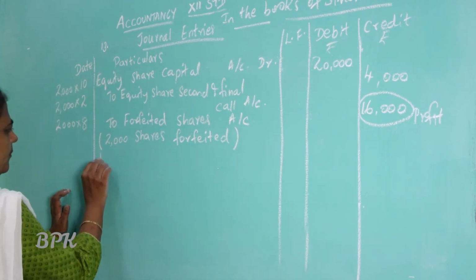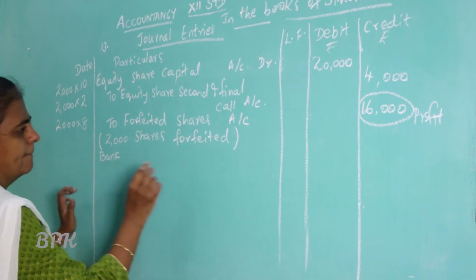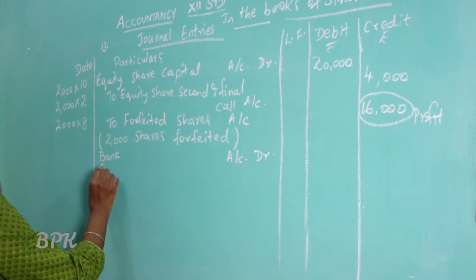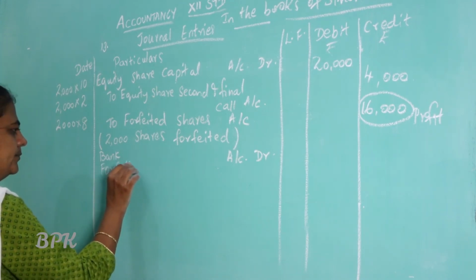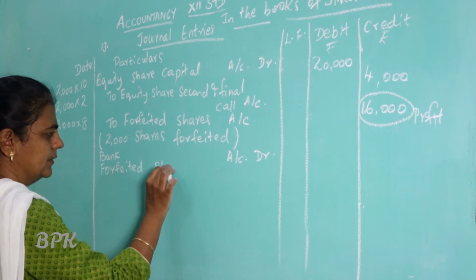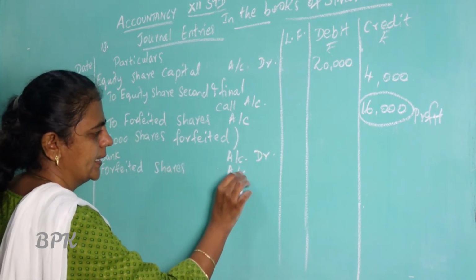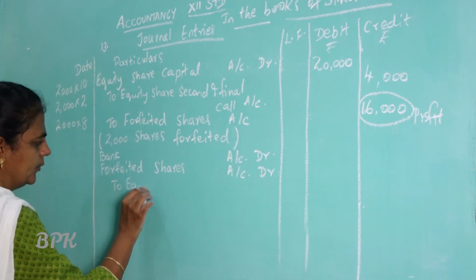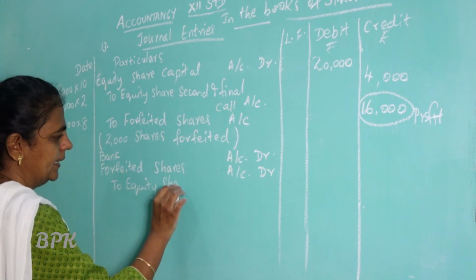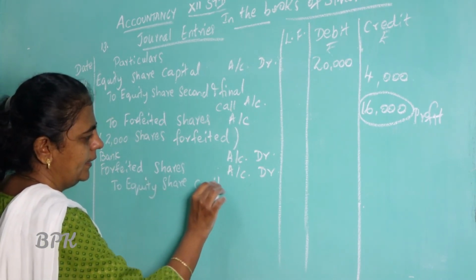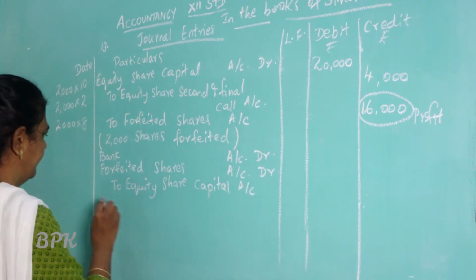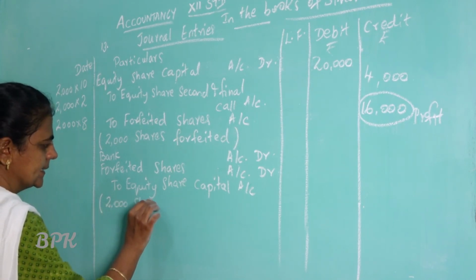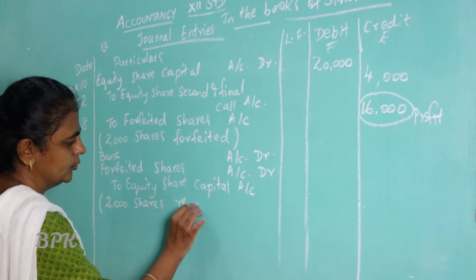So bank account debit, forfeited shares account debit, to equity share capital account. 2,000 shares reissued.